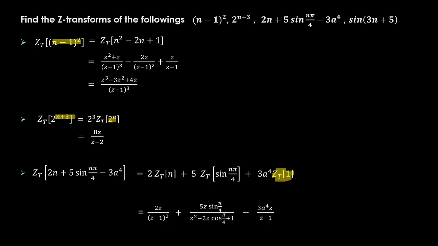So it becomes 2 times z divided by (z minus 1) whole square plus 5 times z sin theta, where theta is pi by 4, so sin pi by 4, divided by z square minus 2z cos pi by 4 plus 1, minus 3a to the power 4, which is a constant term, times the z transform of 1, which is z by z minus 1.